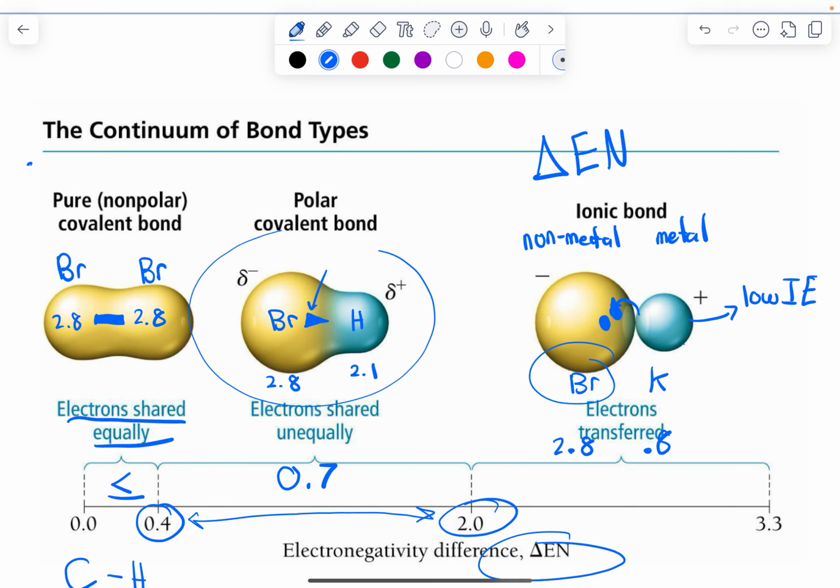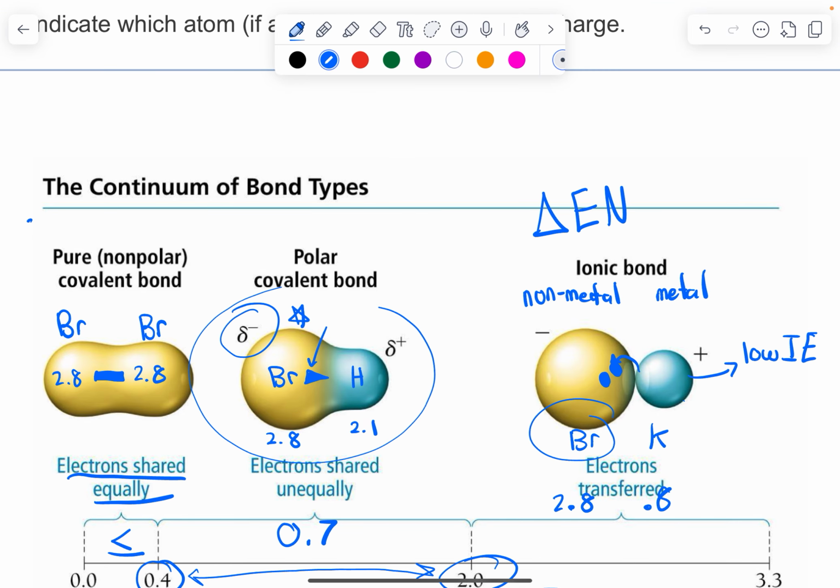Okay, so what does that do to the molecule itself? When those electrons spend more time over by the bromine, so we're over here on this HBr one, it's hard when I can't point at the screen to show you. But when the electrons spend more time over here by the bromine, what happens is that the molecule develops a slight charge on the side where the more electronegative atom is. Let me just write that down.